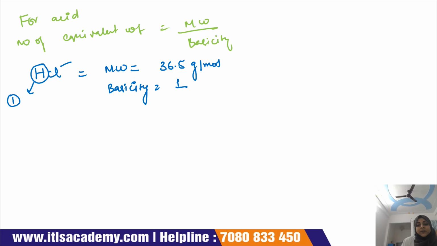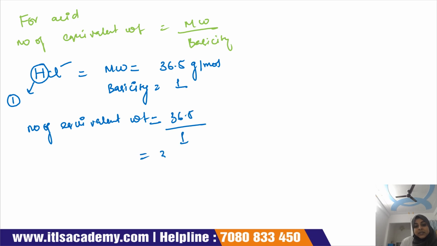Now put this value into the formula: equivalent weight is equal to molecular weight 36.5 divided by basicity 1, so it is 36.5.